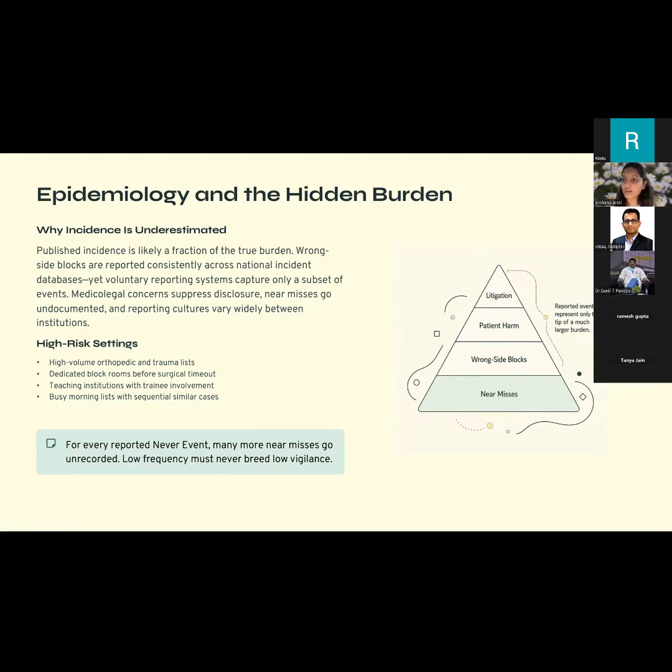Fortunately, now with the Docked app in place, I hope all of our listeners are using it more vigorously to report these errors so that the exact incidents can be captured. This helps us propagate stronger systems to avoid never events or near miss events. While actual occurrences are few, there are quite a number of near miss situations happening.